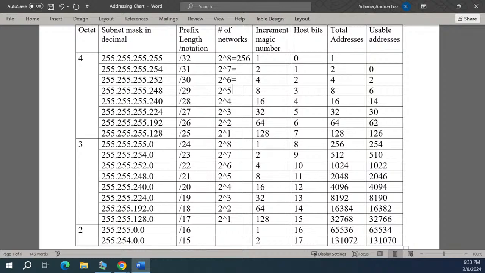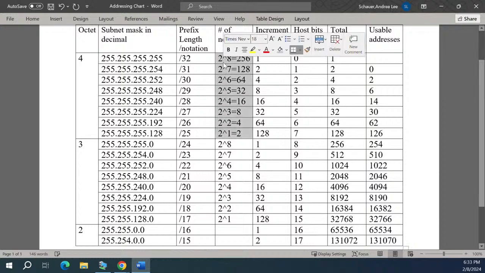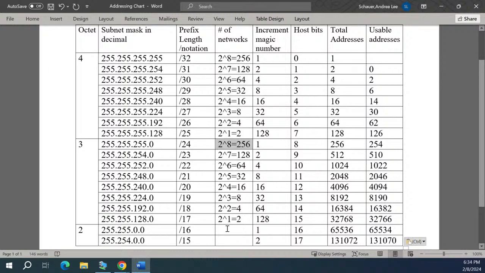I should have done the equal too. 256, 128, 64, 32, 16, 8, 4, 2. I'll copy again.